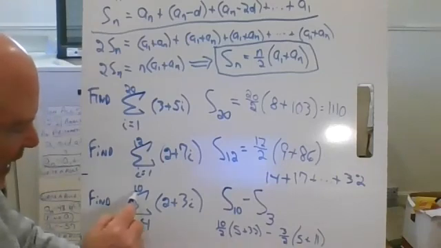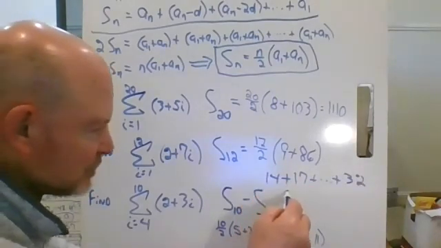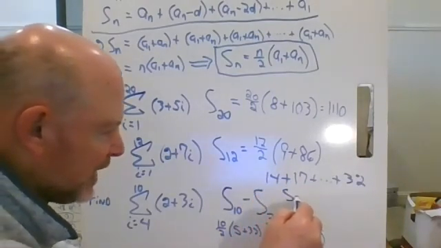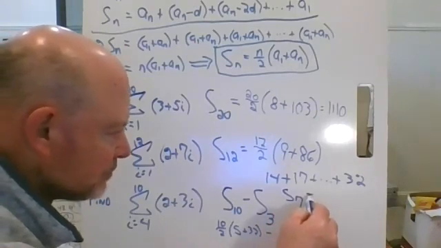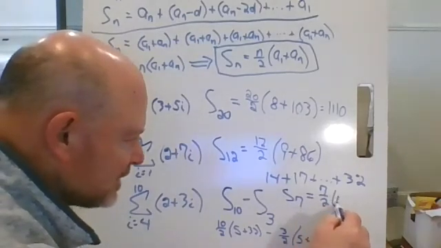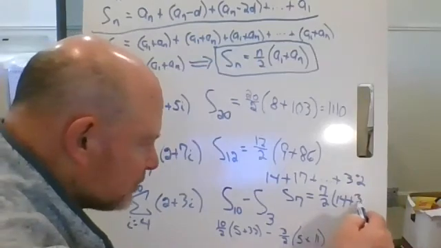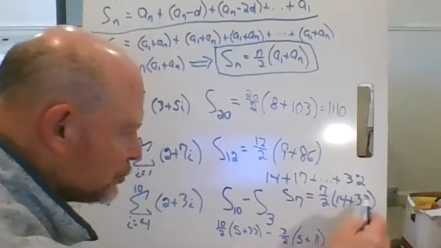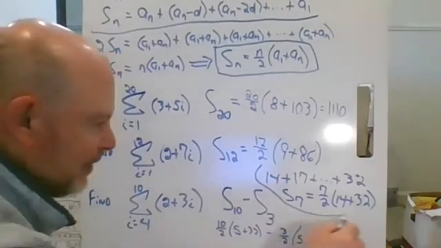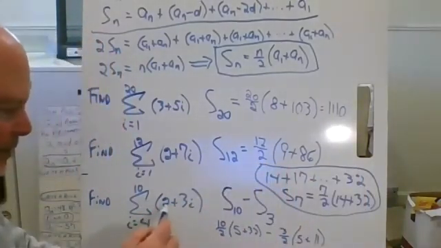So your 10 would be your 7th term. There would be 7 values here. And so you would be computing S sub 7 as 7 over 2 times a sub 1, which is 14, plus your a sub 7, which is 32. And that's the other way to do this problem here.